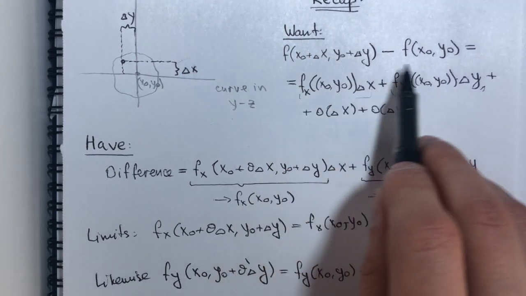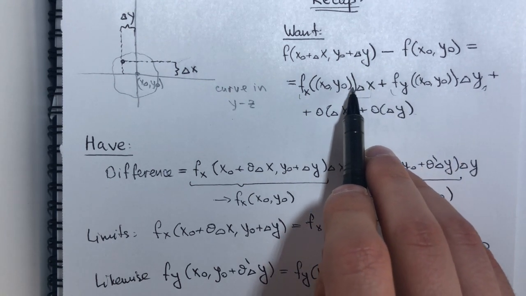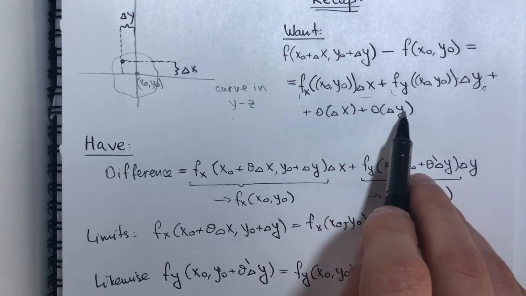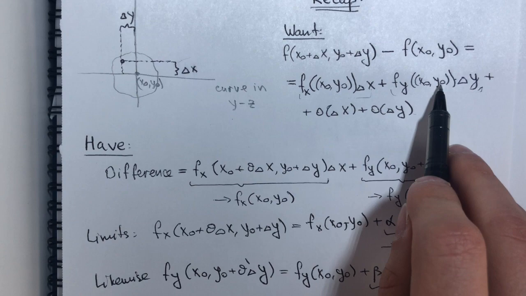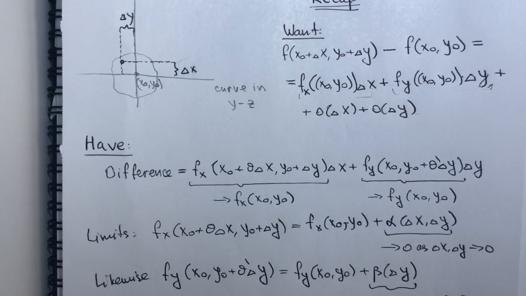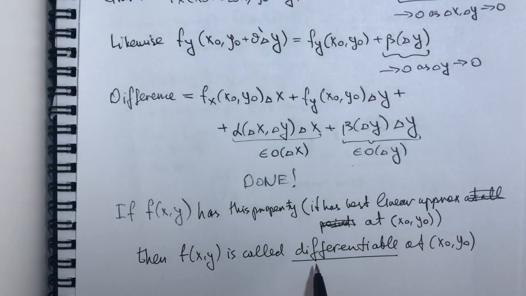So we have expressed this difference as a combination of linear terms plus terms that decay faster. So differentials give us the biggest part of the change. So this is crucial to realize.